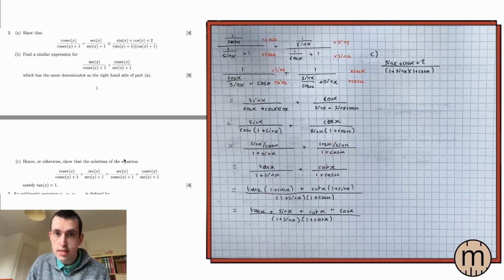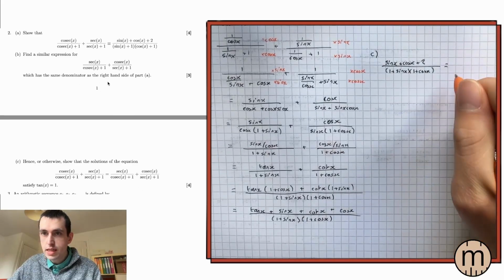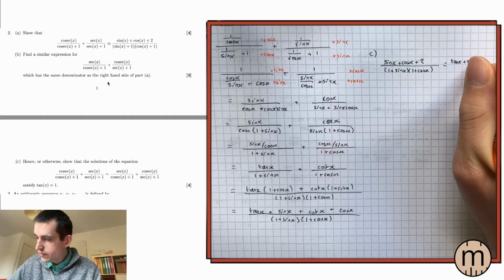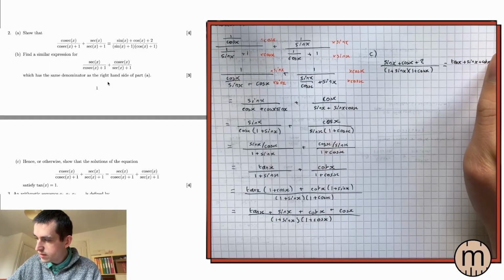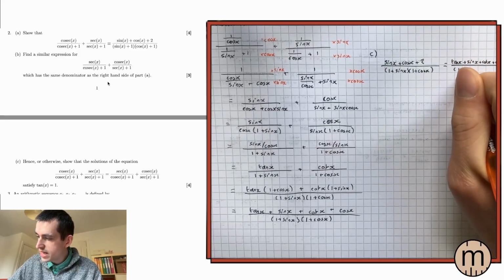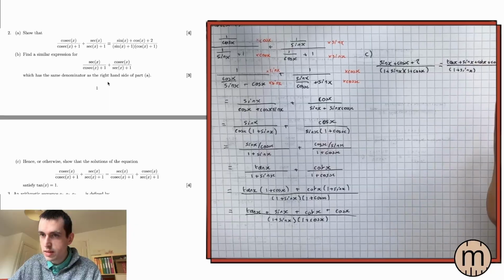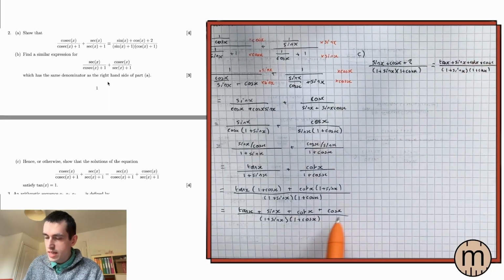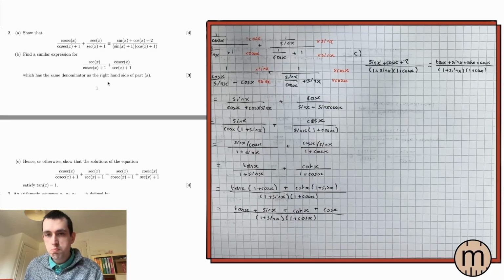This is the same as part B. So what I'm going to write on the right hand side is that this is equal to tan of x plus sine of x plus cot of x plus cos of x divided by the same denominator, 1 plus sine and then 1 plus cos. So that's this down here, what we just found from part B. Do you notice anything now?